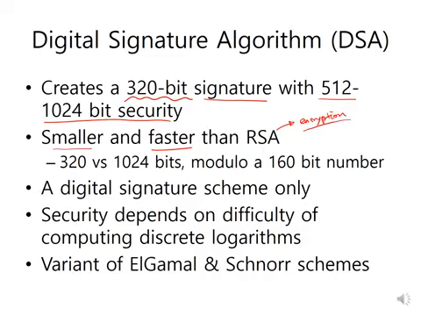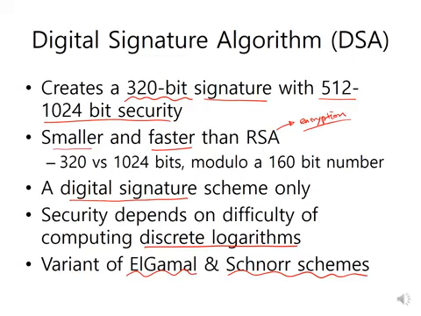Of course, RSA can be used for digital signatures, but the main purpose of the RSA is data encryption, so it is more universal. Compared to the RSA, DSA is much smaller and faster with the same security level. And the DSA algorithm is only used for digital signatures, and its security depends on the difficulty of computing the discrete logarithm problem. This is a variant of the ElGamal and Schnorr digital signature schemes.